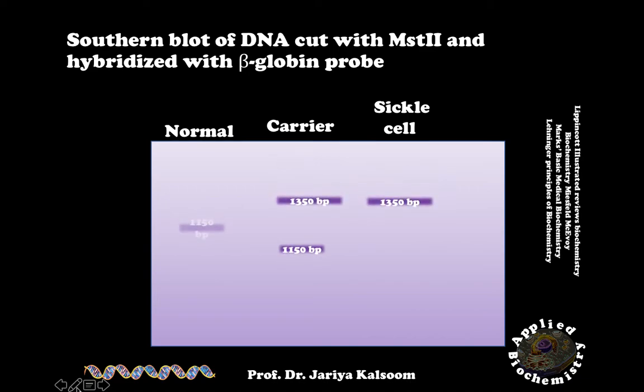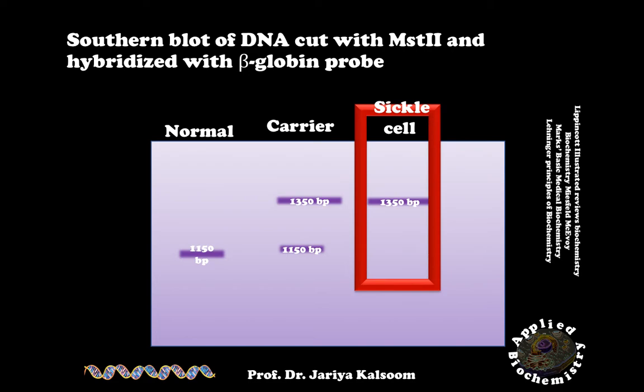The sickle cell allele produces a fragment of 1350 bases when treated with MstII. The normal allele produces a fragment of 1150 bases plus a fragment of 200 bases that is not visible on the gel. For a person with sickle cell disease, both alleles produce 1350 base fragments.